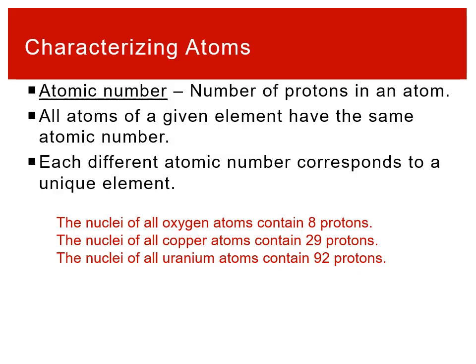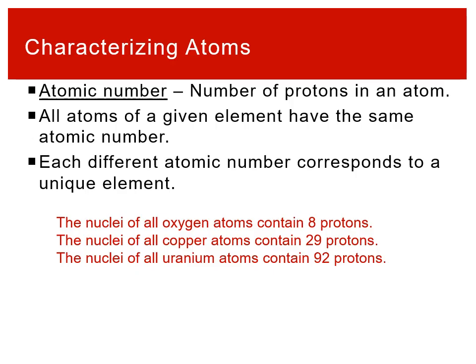The first property of atoms that we're going to talk about then is atomic number. This corresponds to just the number of protons in an atom. All atoms of a given element have the same atomic number, and each different atomic number corresponds to a unique element.